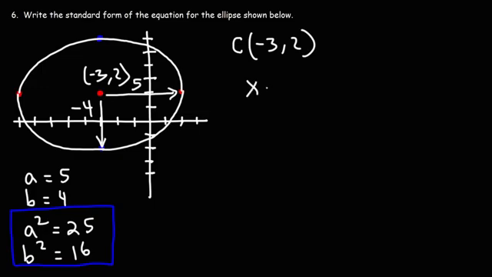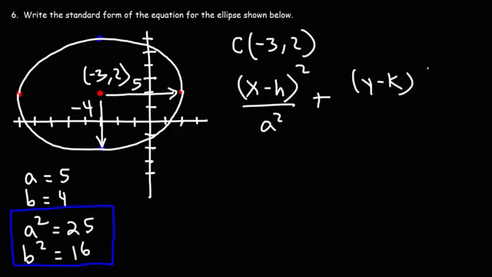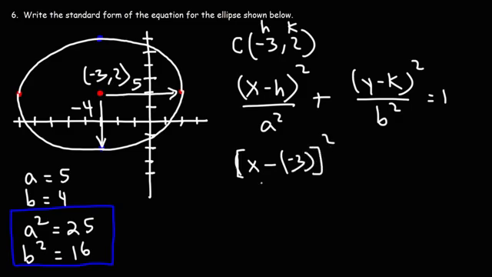So the formula we're going to use is x minus h squared over a squared, since a is parallel to the x-axis, plus y minus k squared over b squared is equal to 1. H is negative 3, k is 2. So this is going to be x minus h. Let's use brackets for now. H is negative 3. A squared is 25.